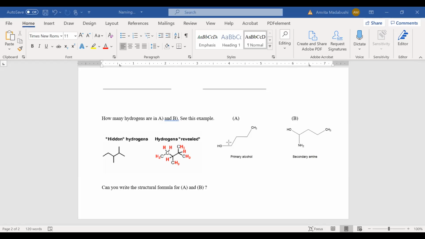So that's a ball and stick model, and the balls or the ends all represent only carbon.